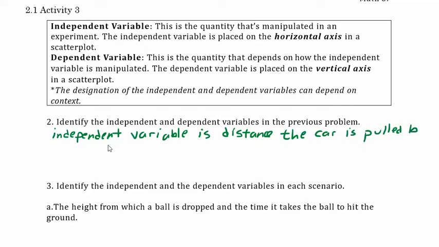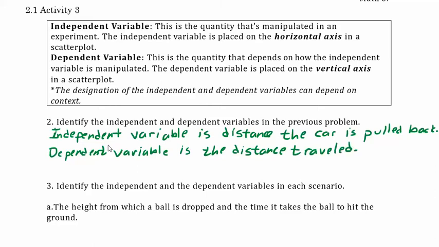And then we're going to write the dependent, let's make this a capital, we'll make it like a complete sentence. The dependent variable is the distance traveled.